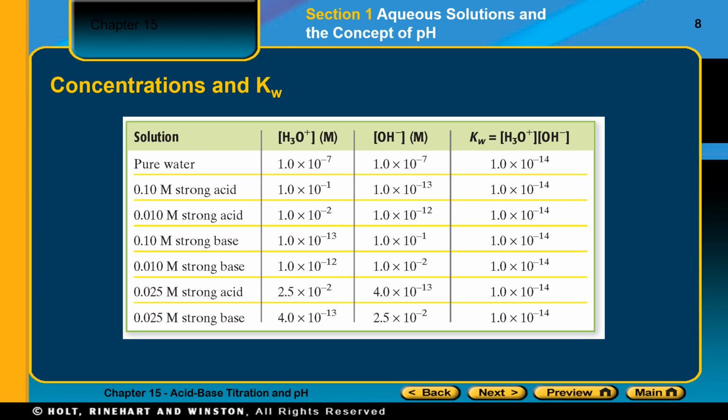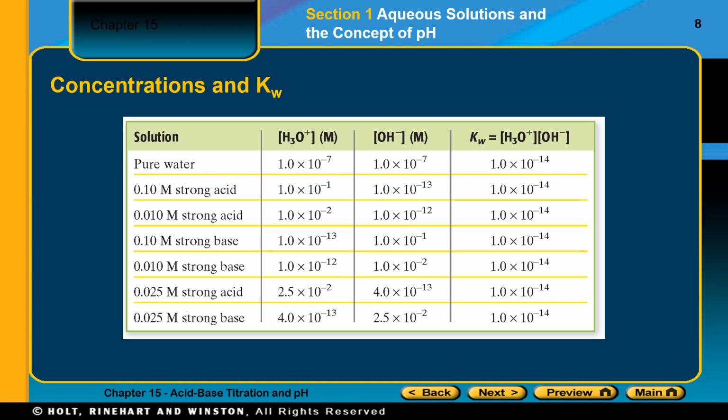But as you go down toward the bottom, you'll notice that with the strong base, we have numbers that are less than 1.0 times 10 to the minus 7.